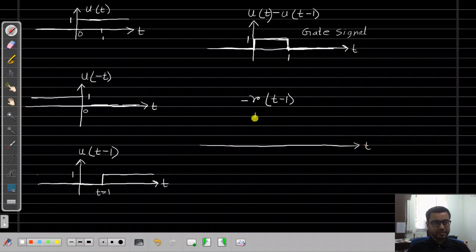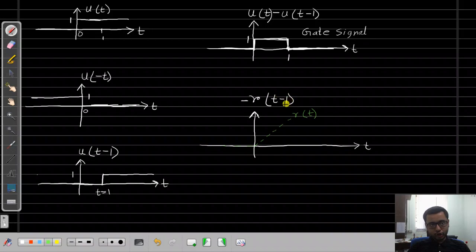Time versus minus r(t minus 1). Now you can start from the signal r of t, this is how r of t will look like.